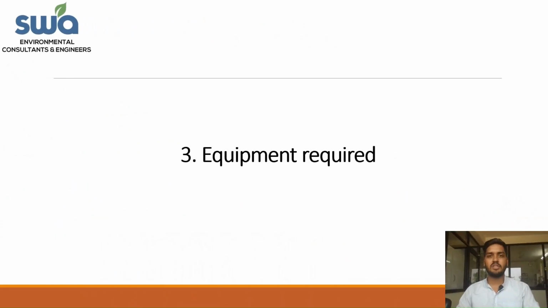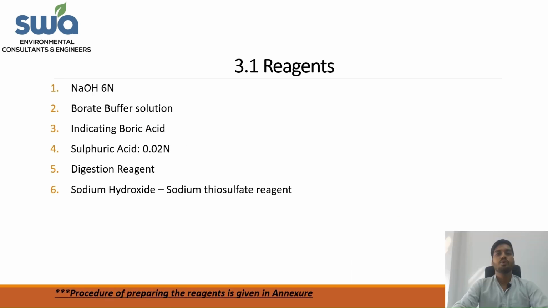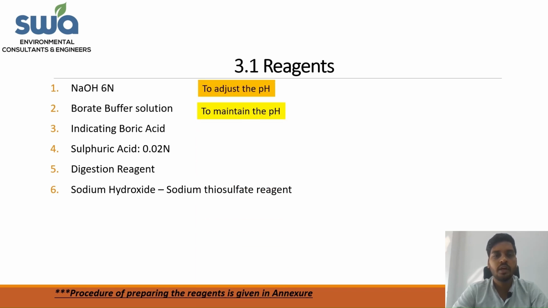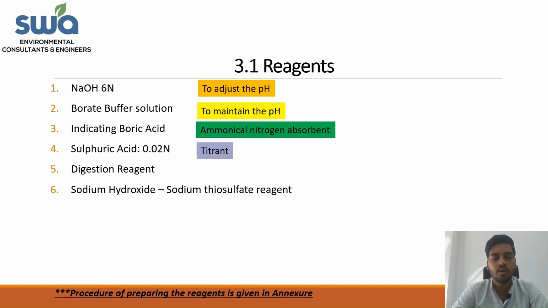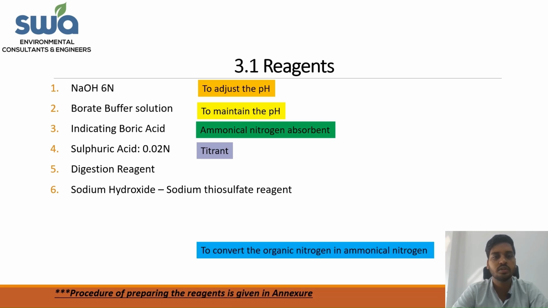Now let's see which type of equipment will be required to perform this procedure. In reagents, we will require 6 normal NaOH, which we will use to adjust the pH of the sample. Then borate buffer solution, which will help us fix the pH of the solution. Then indicating boric acid, which will work as the absorbent. Sulfuric acid 0.02 normal, which will work as the titrant in this process.